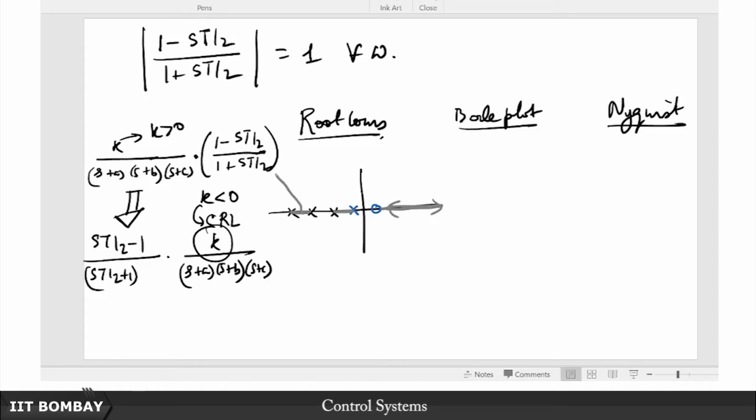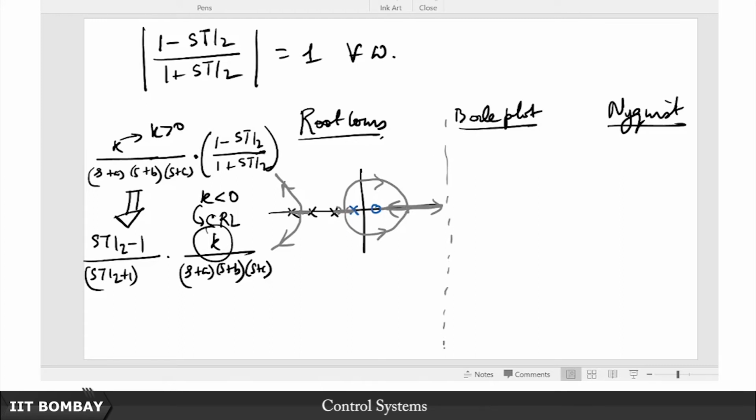So the root locus will look something like this. This is one asymptote, these are the other 2 asymptotes, and something will happen like this where this branch will migrate like this. So by sketching the complementary root locus we see what is happening here.